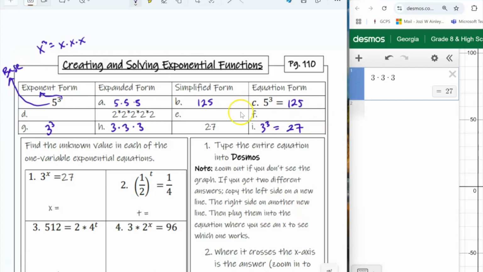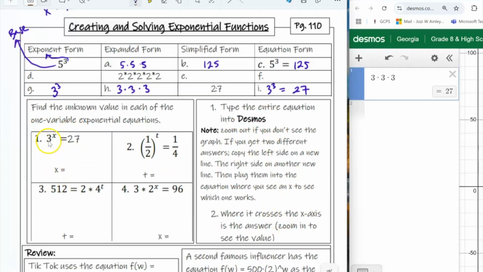All right, so go ahead and fill out this middle one. So we have 3 to the x. So my base is 3. And then my exponent is some unknown value that is going to give me 27. I just did this. How many times would I need to multiply 3 by itself to get 27? Well, let's start expanding it. And even though I have the answer right here, I'm going to do it again. So my base is definitely 3. So let's write that out. How many times am I going to get 27?